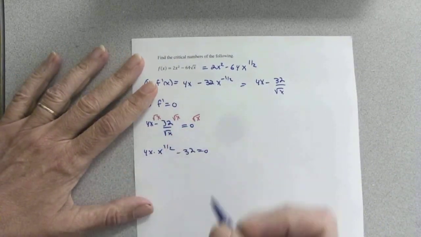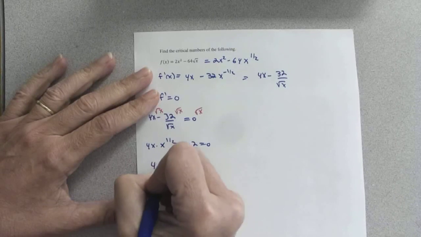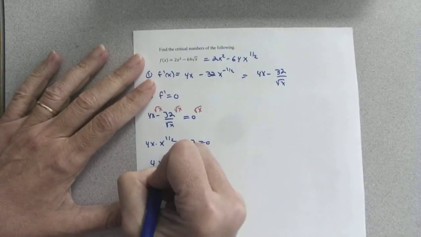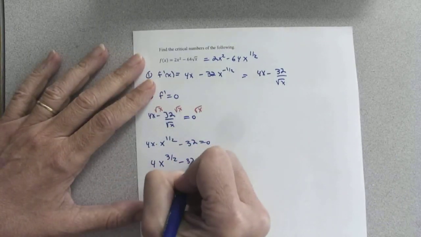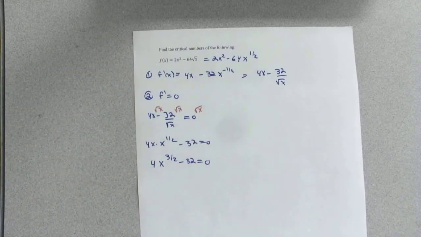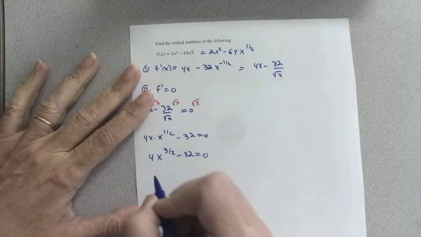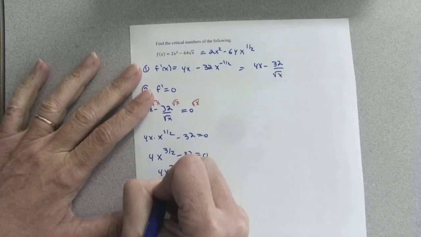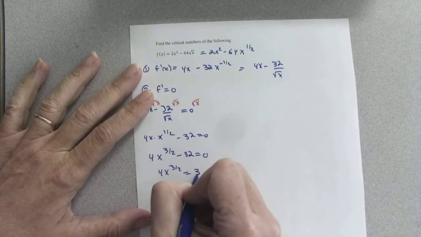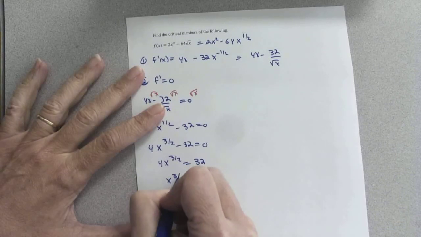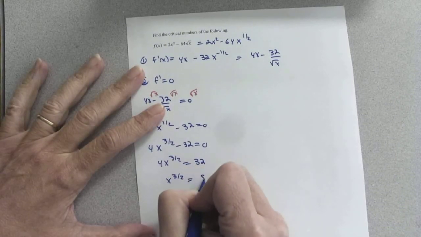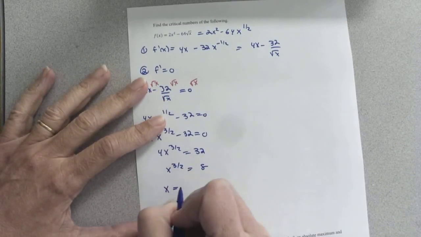Just being very explicit with what I'm about to do. Add your exponents, and so that's going to be 4x to the 3/2 minus 32 equals 0. 4x to the 3/2 equals 32. x to the 3/2 equals 8.